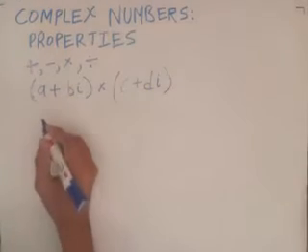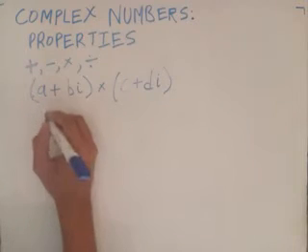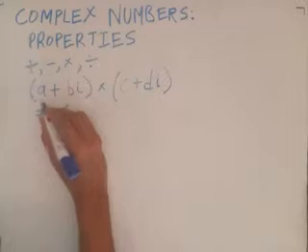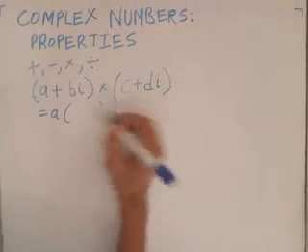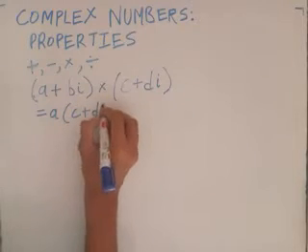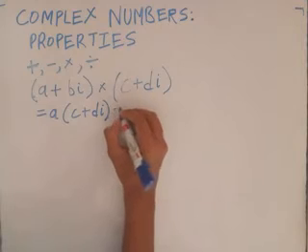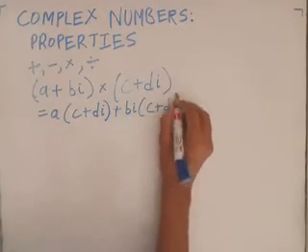Now I'm going to go ahead and multiply just like I would multiply two real numbers. That means the first term multiplied by the second term, just like you would multiply two real numbers. So let me show you quickly what would happen if I had to multiply two real numbers.